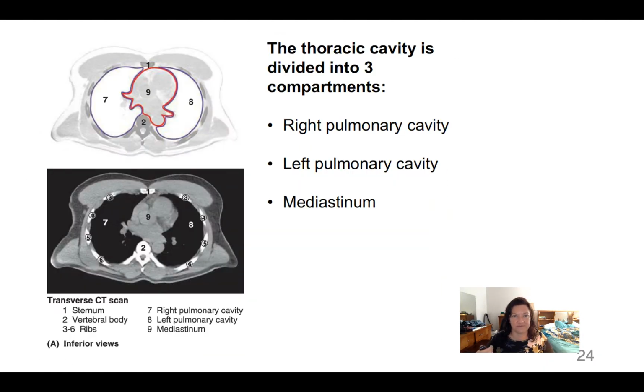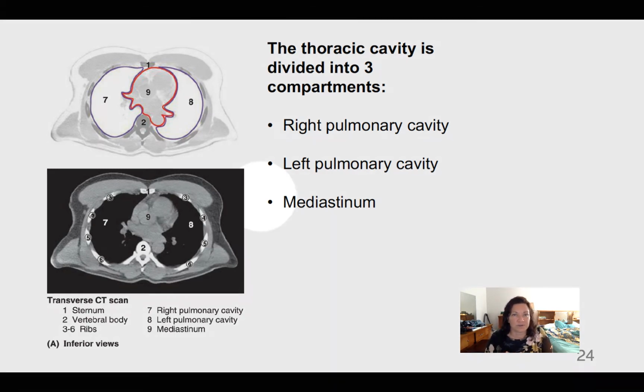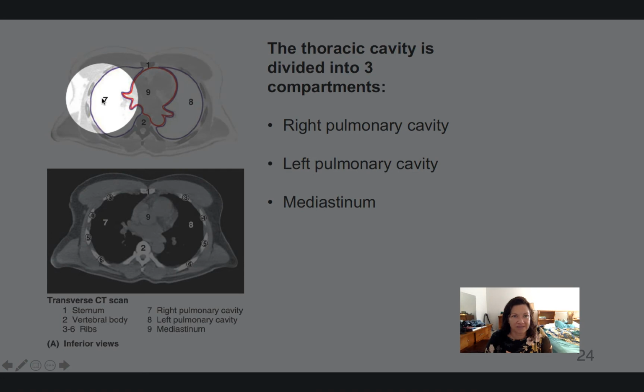Good. All right. So the super main divisions of the thoracic cavity are threefold. You can see them here. So of course we have the right pulmonary cavity, the left pulmonary cavity, and between them is the mediastinum. And so they're shown here, very simple schematically, and here is a transverse CT.